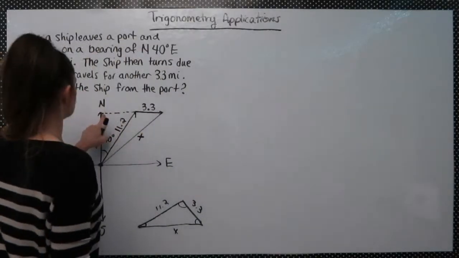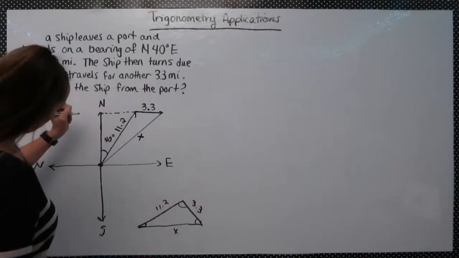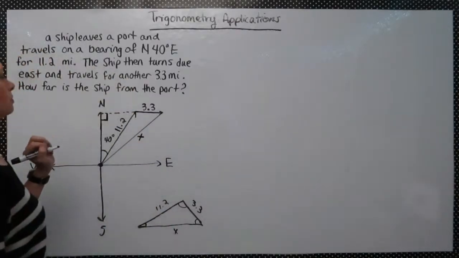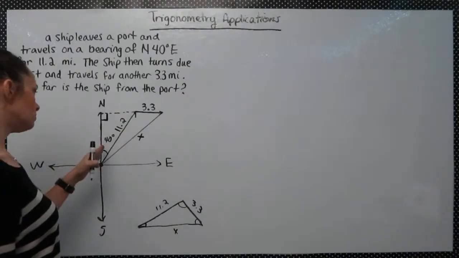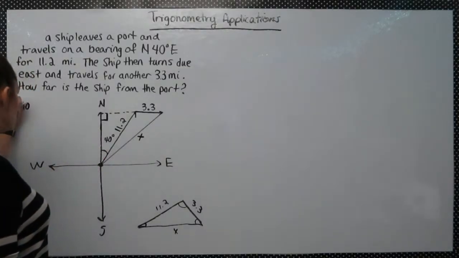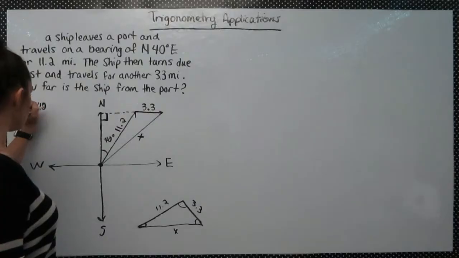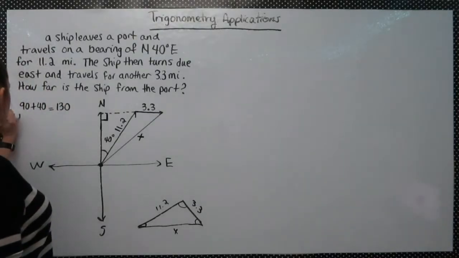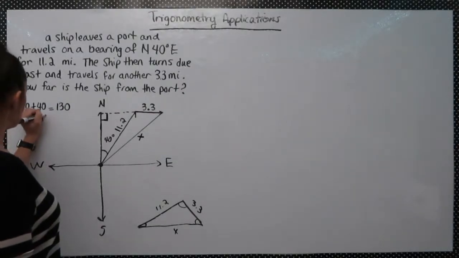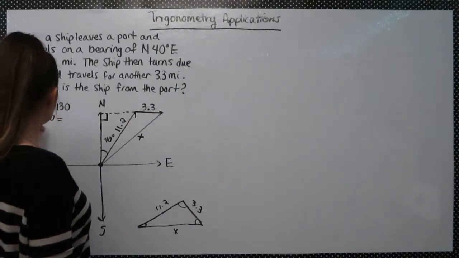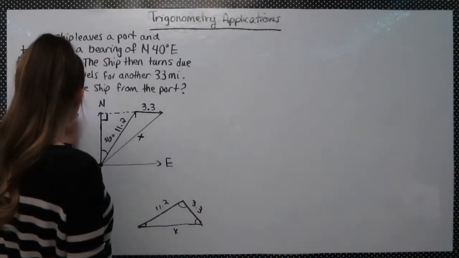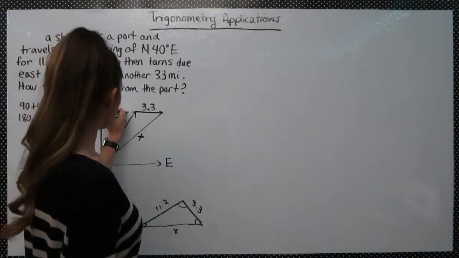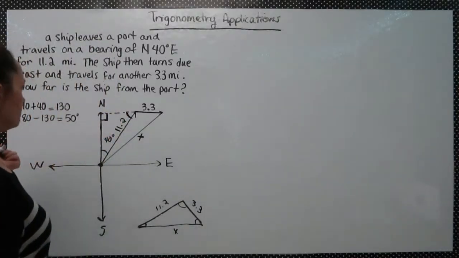So if I make this one right here a right angle, then that's 90 plus 40, which is 130. Then I subtract 130 from 180, and I get 50 degrees. Also, if I knew that 40 and 50 make 90, then I can also just say that that was a 50-degree angle.